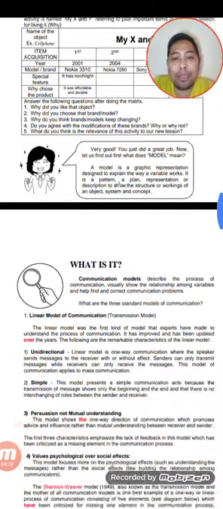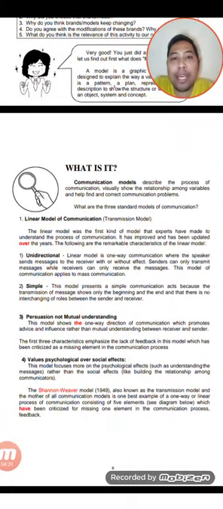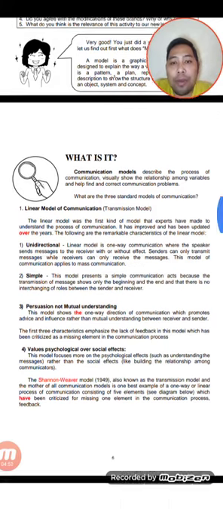After doing that, let's proceed to what is it? Communication models describe the process of communication visually, show the relationship among the variables, and help find the correct communication problems. And what are the three standard models of communication? So we have here, first is the linear model of communication, transmission model.